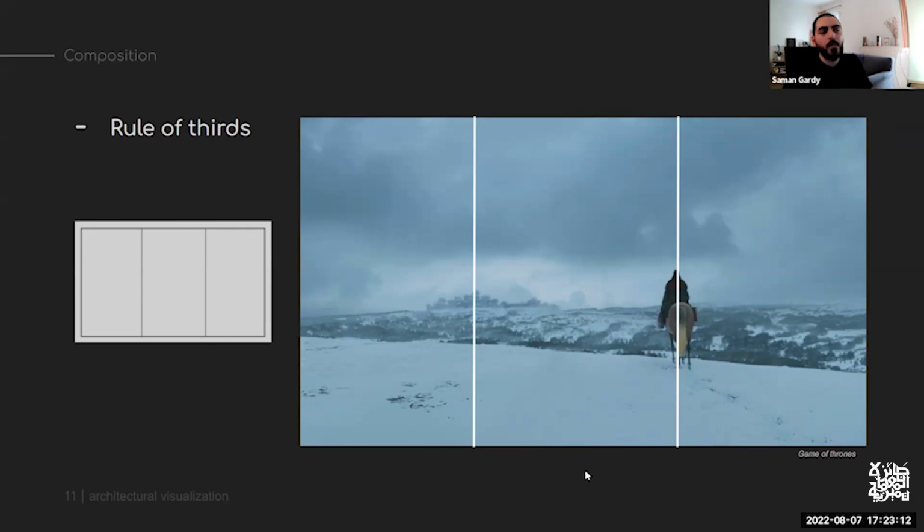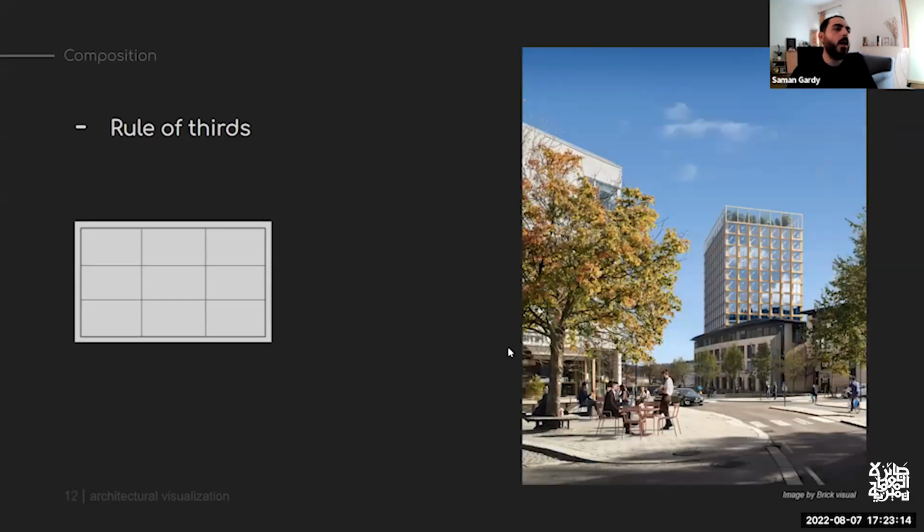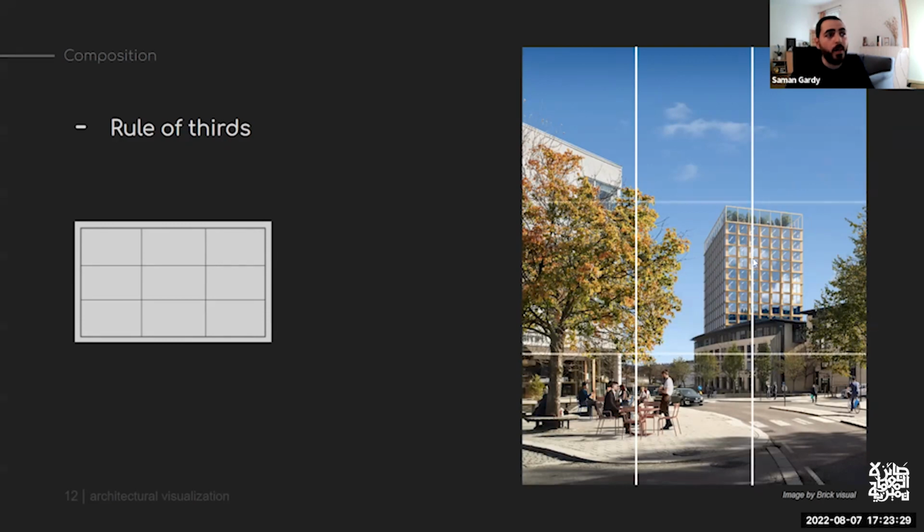Okay, that's from a movie. But then how can we apply it in architecture visualization? Again, it's the same in this image. You can see our building on the right side. It was placed on 1/3 of the image, and it was balanced with a story which is happening here.